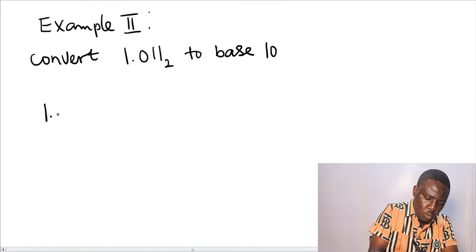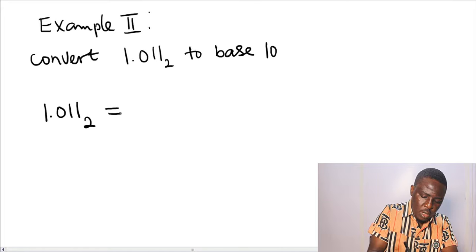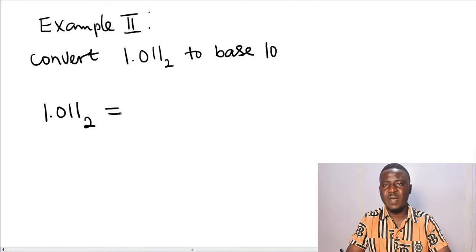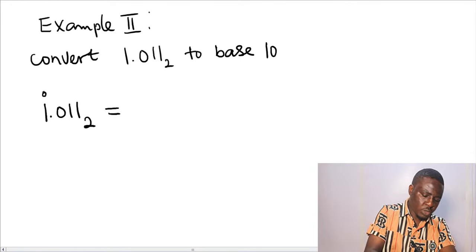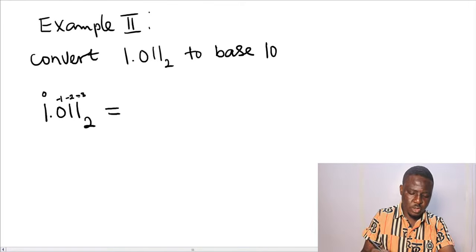So this becomes 1.011 base 2. We are going to expand it now, but before we do that, we are going to determine their place values. This becomes 0, this is -1, -2, and -3.